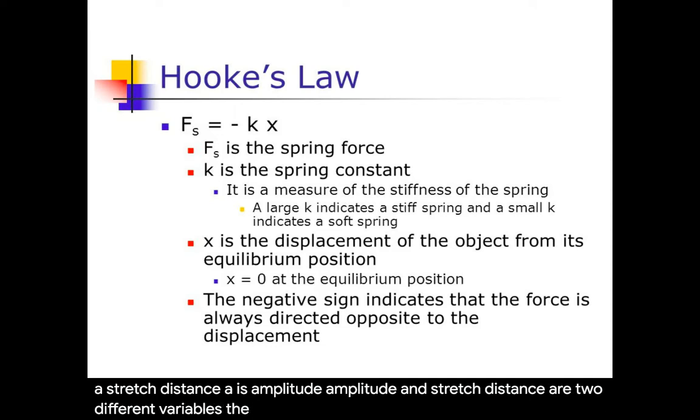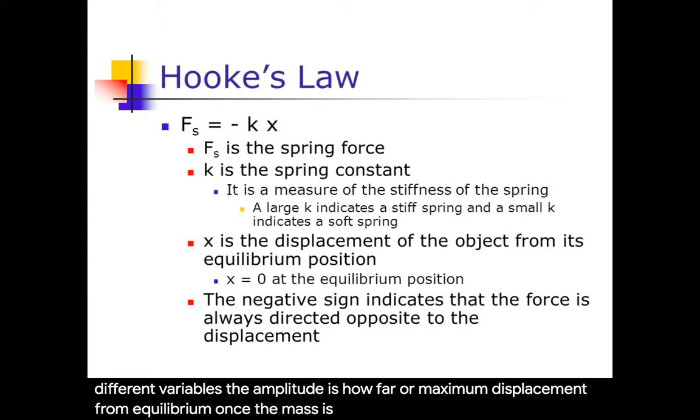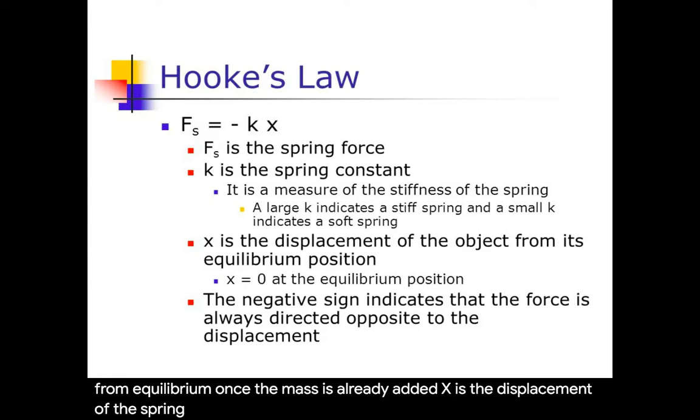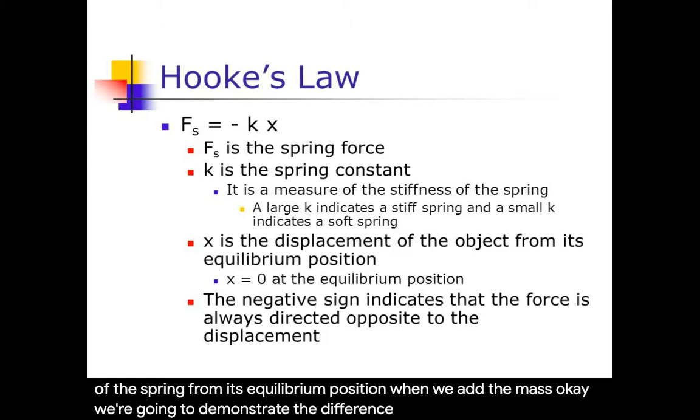The amplitude is how far, or maximum displacement, from equilibrium once the mass is already added. X is the displacement of the spring from its equilibrium position when we add the mass. Okay, we're going to demonstrate the difference in a few seconds using a simulation.